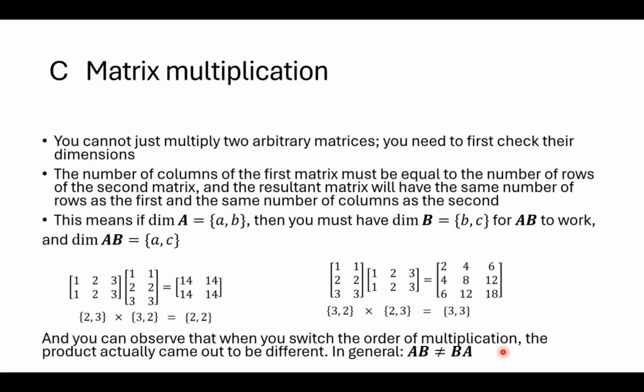But in matrices, if you switch the order, the result can come out to be very different. You must keep this in mind if you are doing some algebraic work with matrices, because you cannot just simply merge AB plus BA into 2AB. That's very important. You need to remember that.